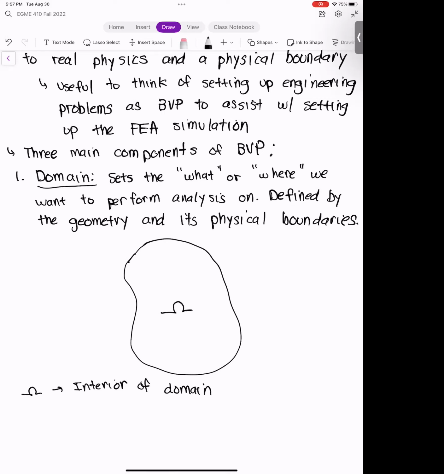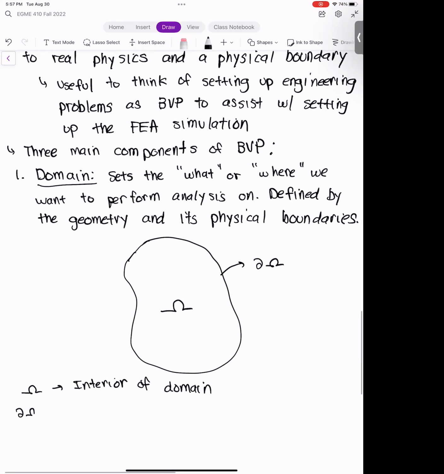Continuing with the potato analogy, the omega would be the soft, white, fleshy stuff inside the potato. The other part of the domain that's important to highlight is what I call d omega here, which refers to the boundary of the domain.